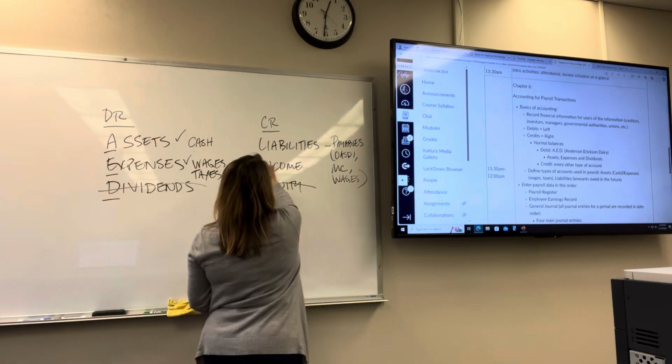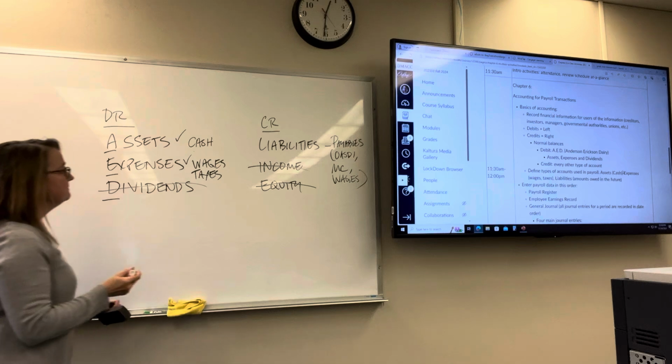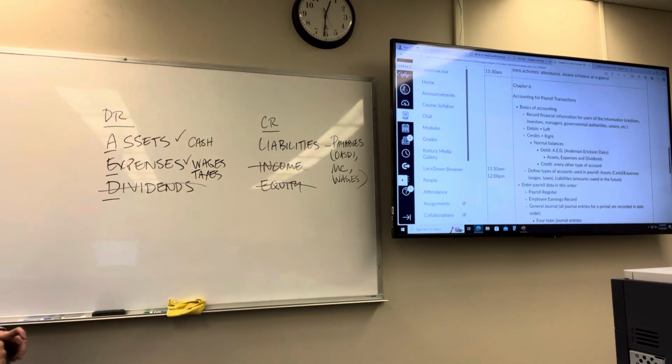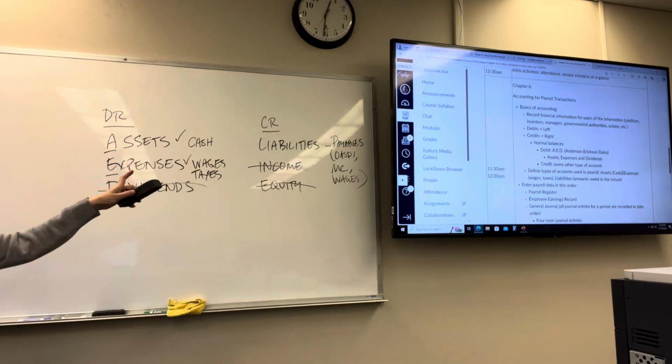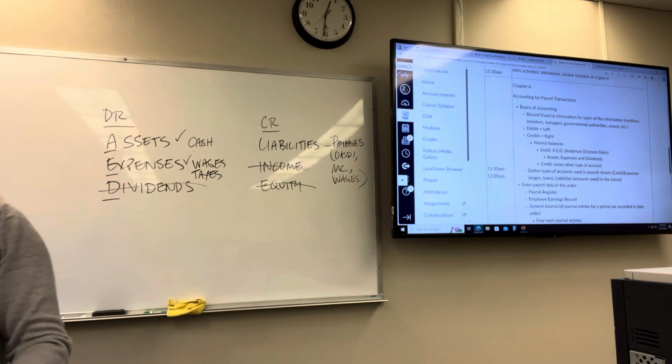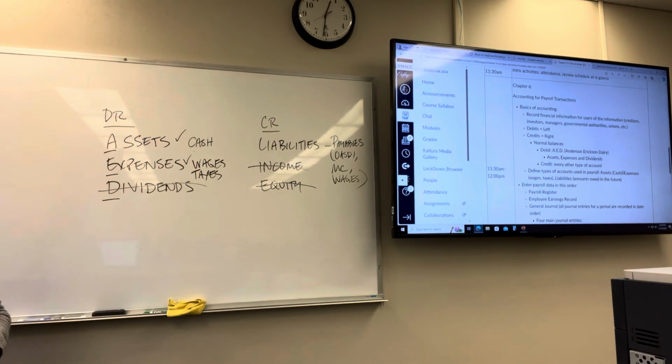We're really not going to talk about equity or income. So these are the main accounts that we're going to look at when we're making our journal entries. Cash, wages expense, taxes expense, payables consisting of like OASDI, Medicare, wages payable, garnishments, that sort of thing.